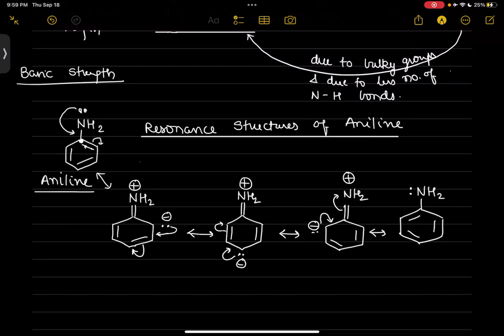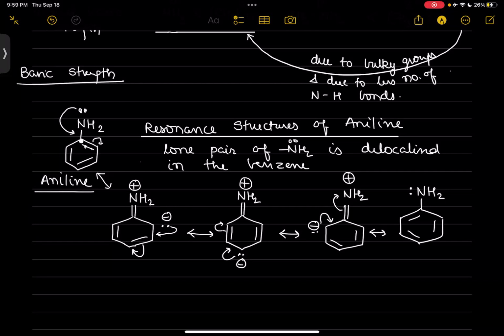And it is showing the delocalization of the lone pair of NH2. The lone pair of NH2 is delocalized in the benzene ring.